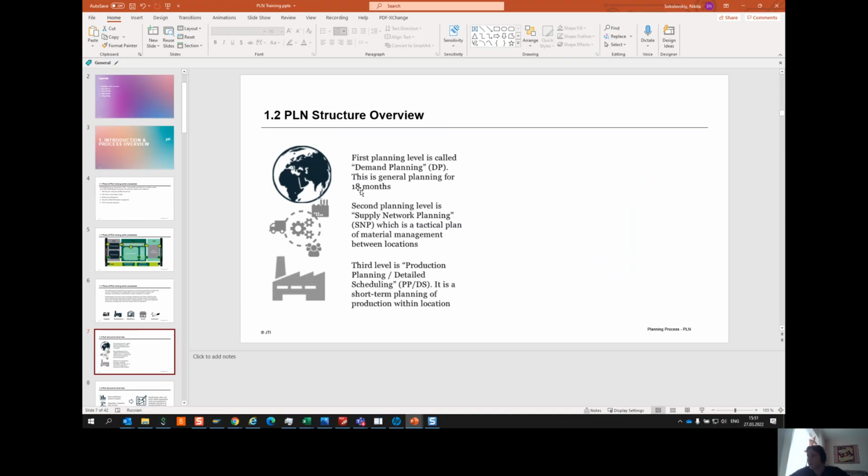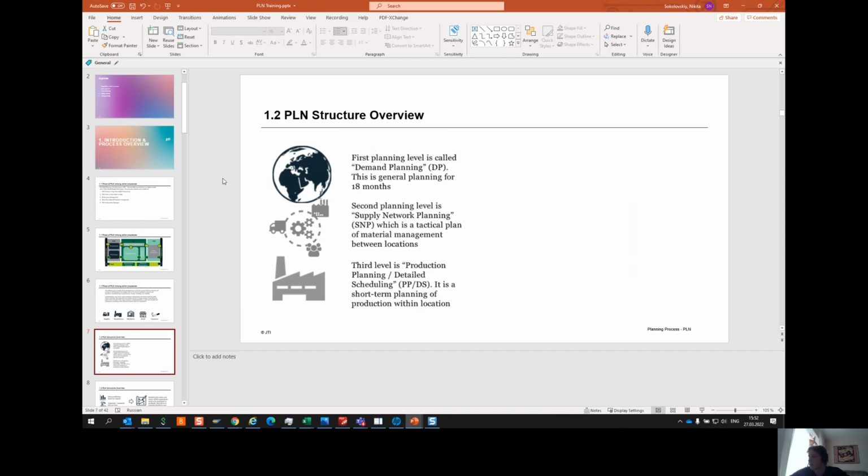And we have a consensus demand, which is how much of this or that product is required for various markets. Of course, we know that some markets are bigger than others. In some markets, our sales are bigger than in the others. So every market has its own demand level.